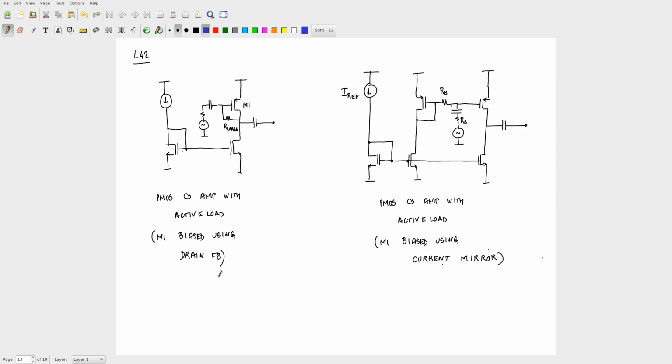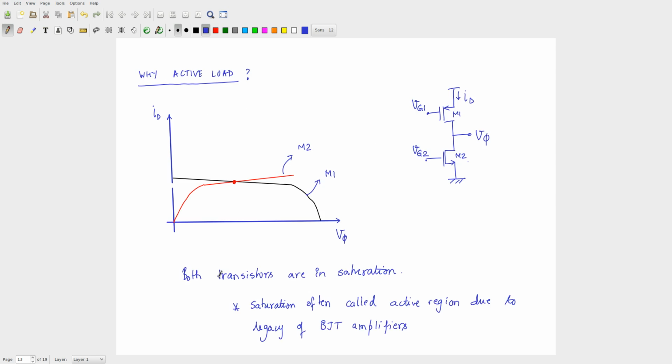Yesterday I said that if so, what is the slope of this guy? So, just to remember, this red line was for coming from which transistor? M2. So the slope of this guy was 1 by Rn. The slope of this guy was, okay, let me put it in red, and the slope of this was 1 by Rp, right, in the saturation region.